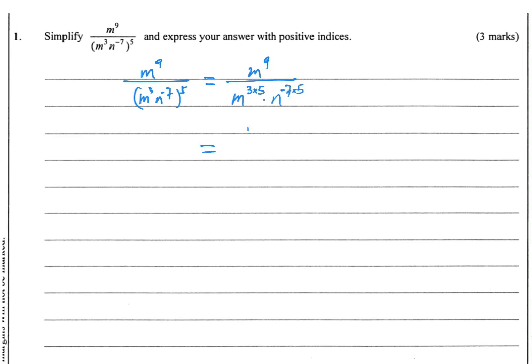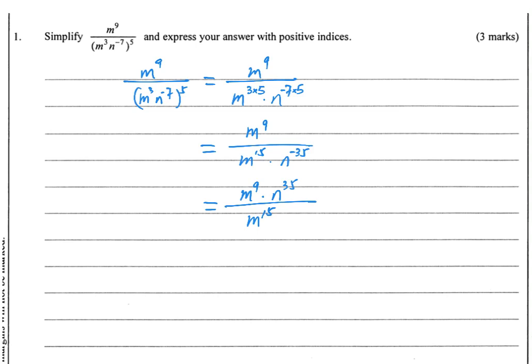So we have m to the power 9 over m to the power 15 and n to the power negative 35. So here we have a negative power, change it to a positive power. So m to the power 9, keep it in the numerator, and then times n to the power positive 35. In the denominator, keep m to the power 15.